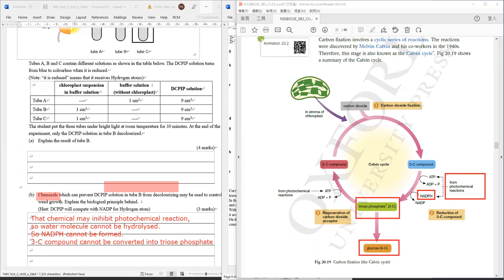Okay, when triose phosphate cannot be produced, glucose cannot be produced either.